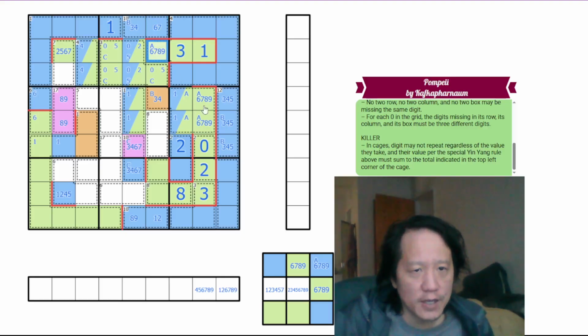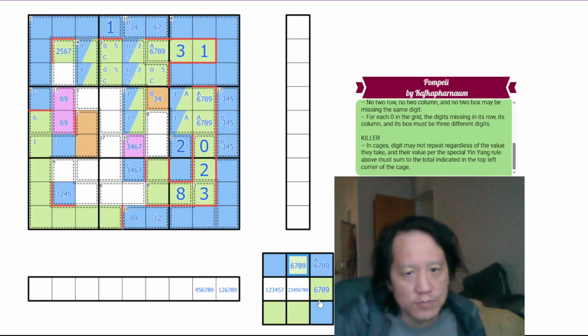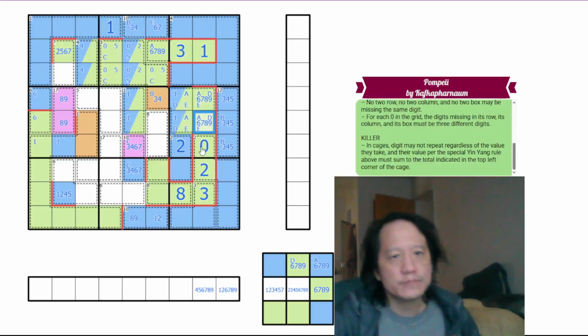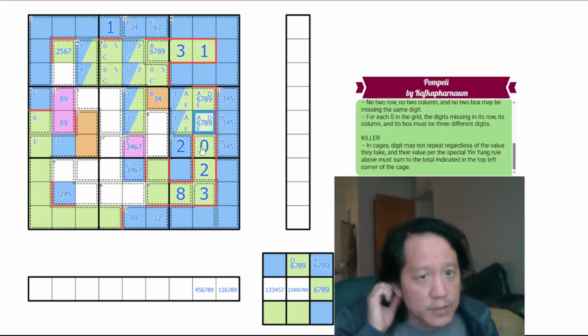We're also missing A, which is that. And we're missing this digit here, which I guess we'll mark D. So D is not obviously here, and it cannot be here, so D has to be here. So this is 1, A, D, and the other 6, 7. So I guess we'll mark that as E. So this is E also. Interesting. Okay.